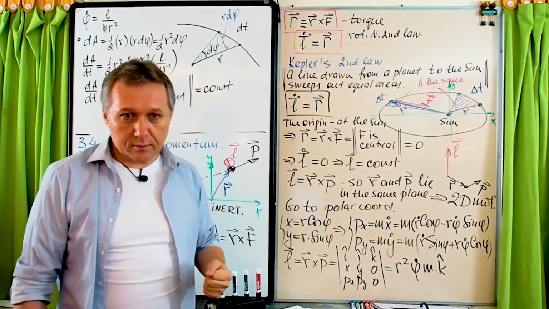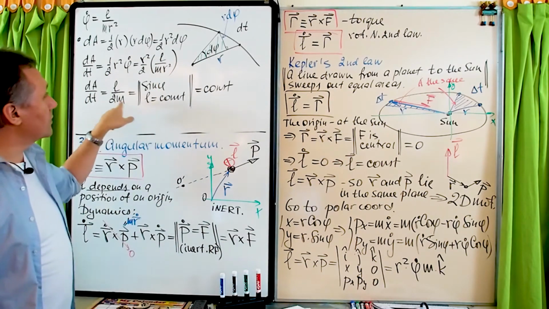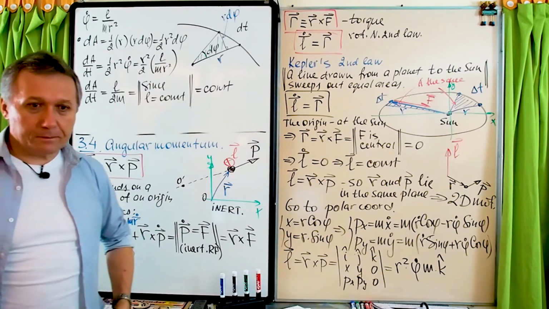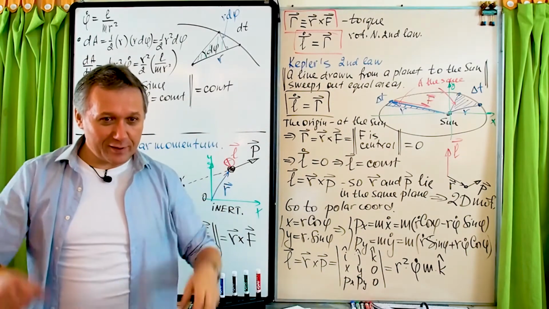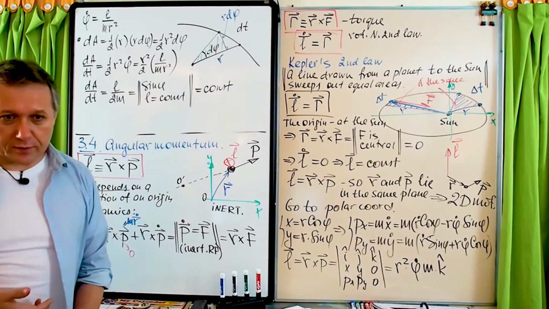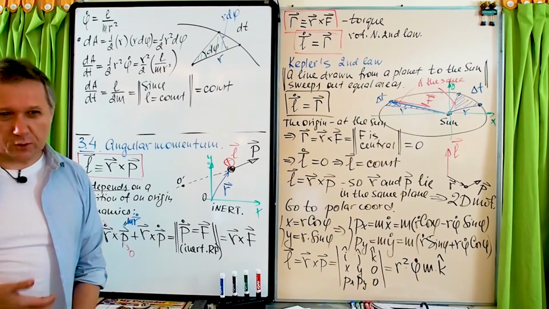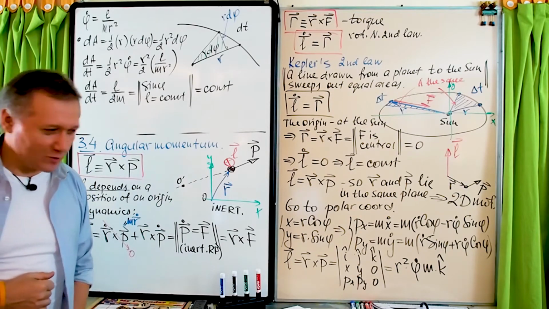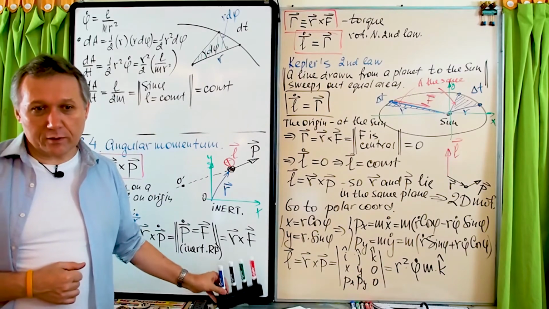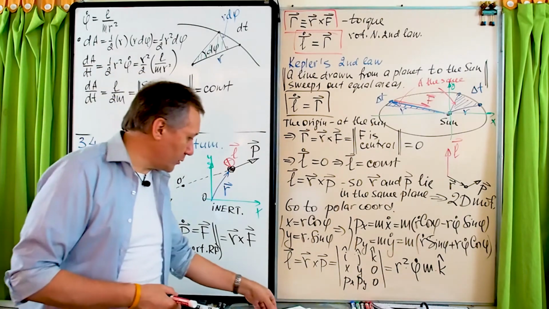L is constant. And that fact led us immediately to the conservation of areal velocity. Okay, areal velocity is constant. Sounds better. So it's just a fancy way of stating conservation of angular momentum.